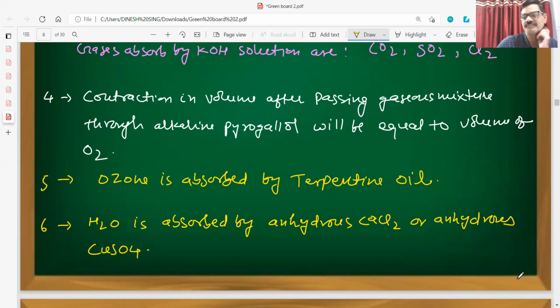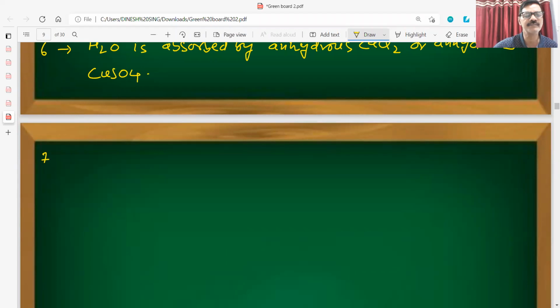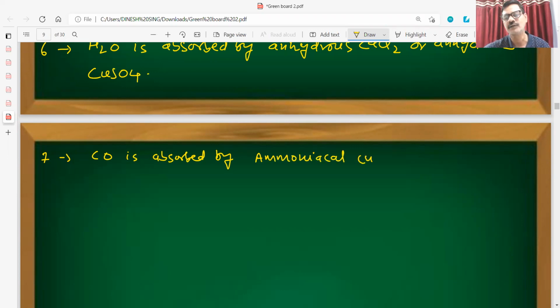And again, carbon monoxide is absorbed by ammoniacal cuprous chloride, and C2H2, that is acetylene, is also absorbed by this.